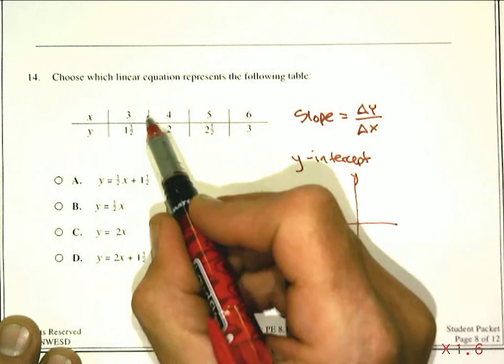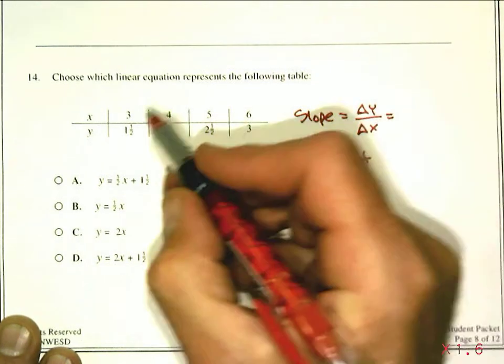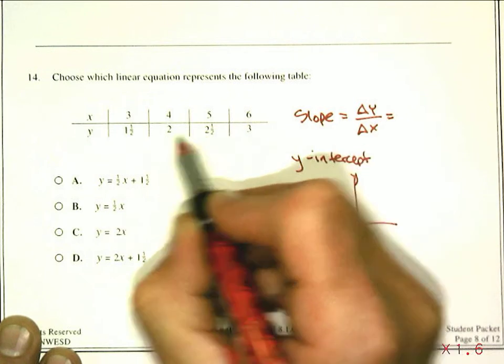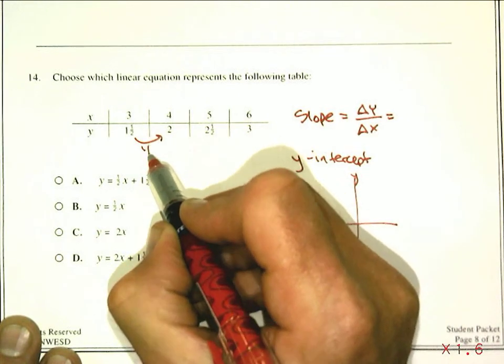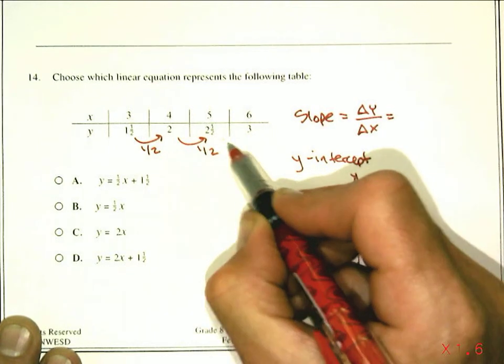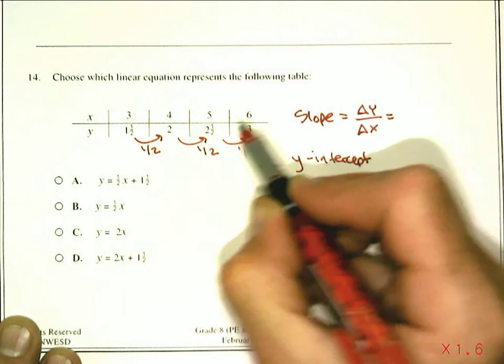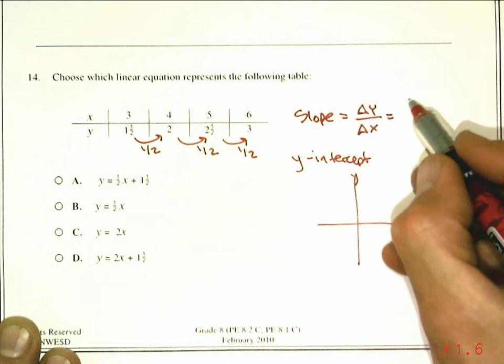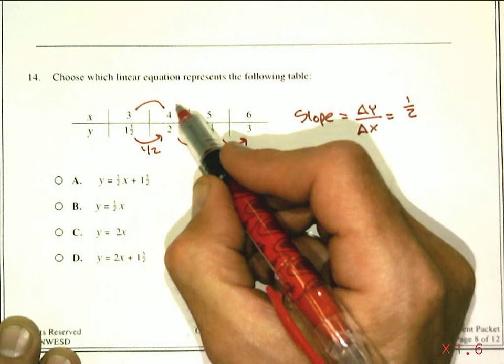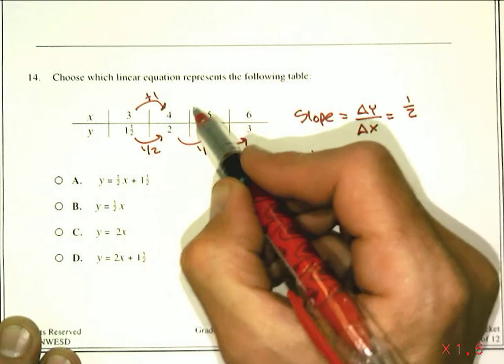So if I look at the change in y, each time it goes up a half. From here to here goes up 1/2. From here to here goes up 1/2. So the change in y is 1/2, and the change in x is just 1.